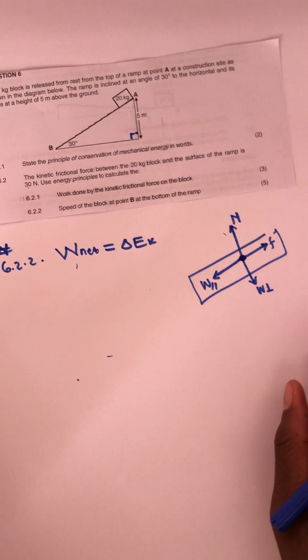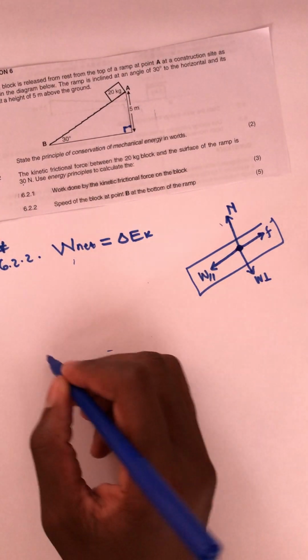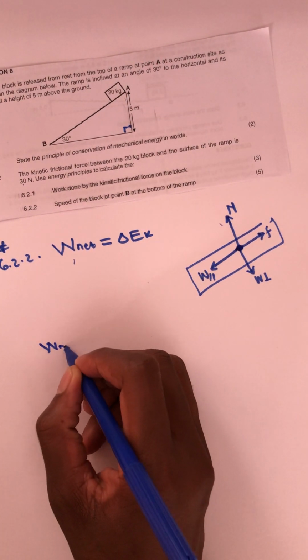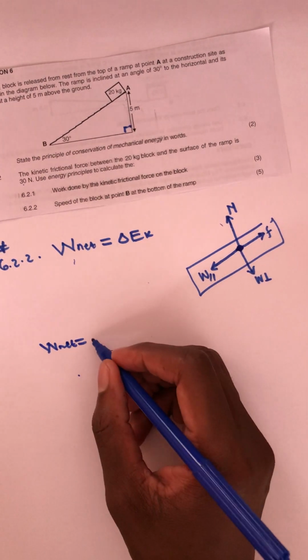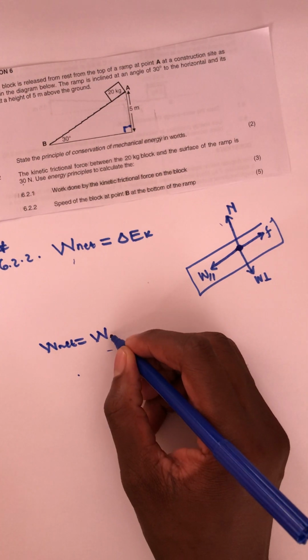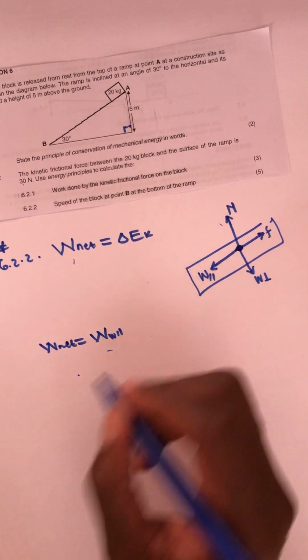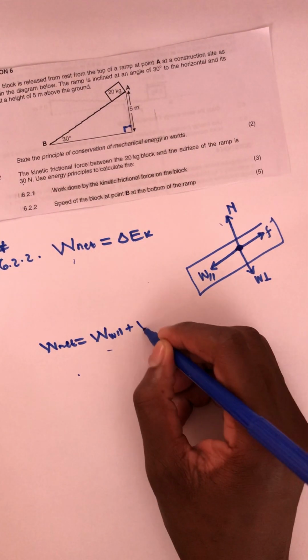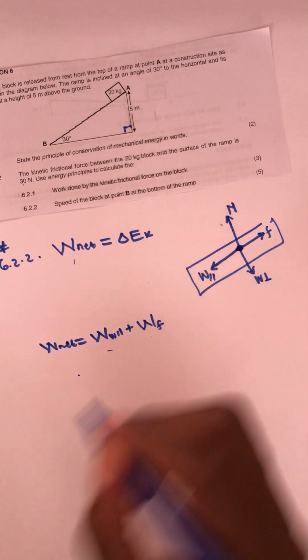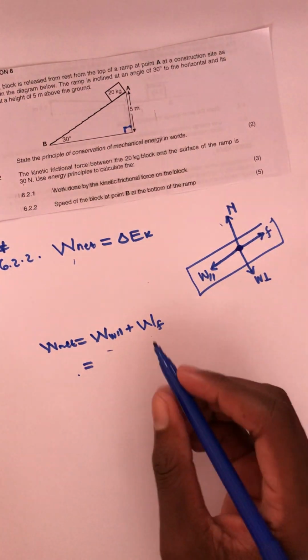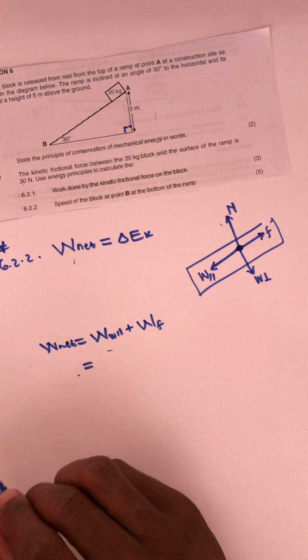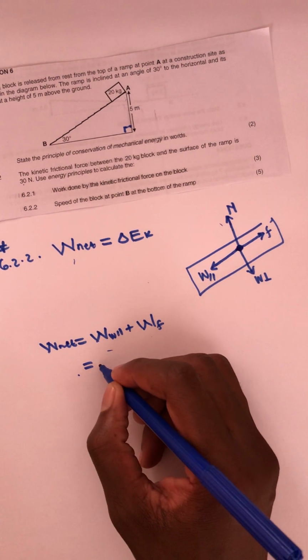So now work net is equal to the work done by the weight parallel plus the work done by the frictional force. So we only have two forces acting on that block, or the horizontal forces.